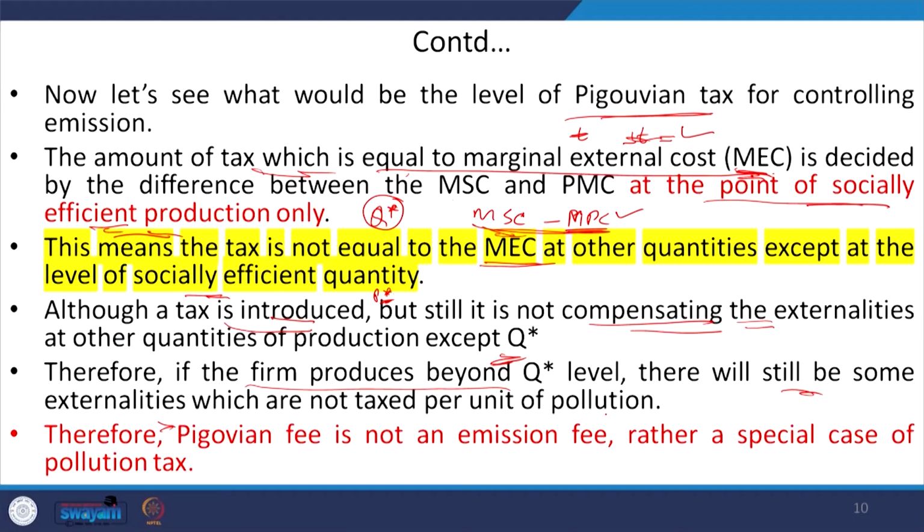Okay. So, because of this logic that we have already made, this Pigovian fee is not actually an emission fee, rather it is a special kind of pollution tax. Why? Because this Pigovian tax is only applicable when we are taking into account the socially optimal level of output.